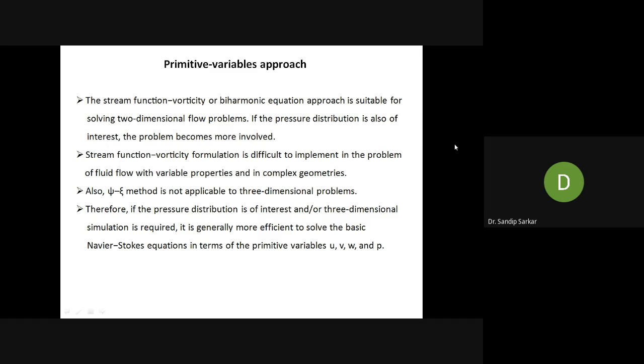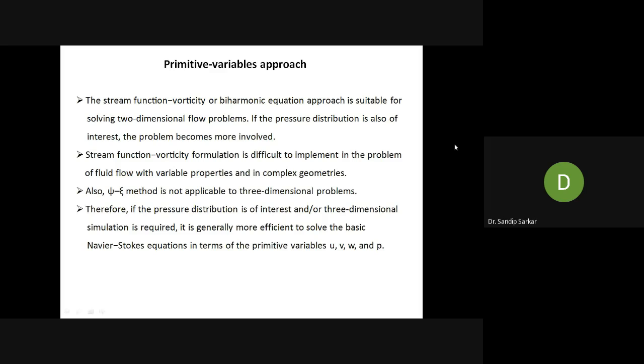Historically, this method was first introduced by Harlow and Welch. If you remember, in the first class of our computational fluid dynamics session, we discussed Harlow and Welch. It was in the year 1962. They introduced the primitive variables method for the solution of the Navier-Stokes equations, and they published a paper in the Physics of Fluids journal.